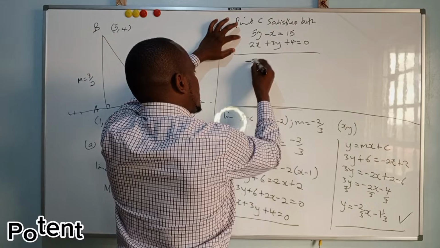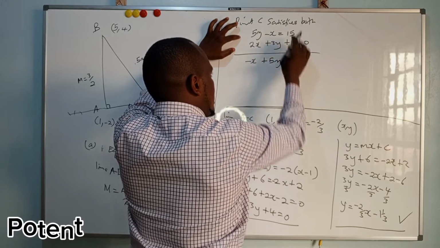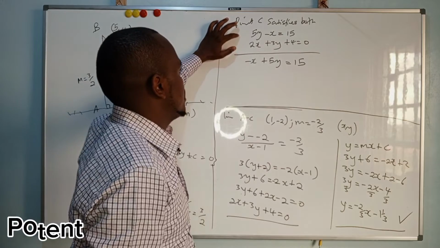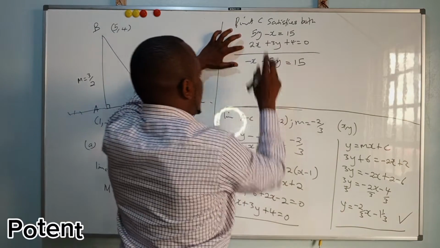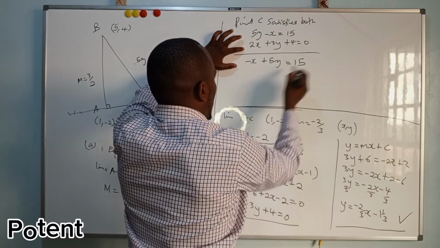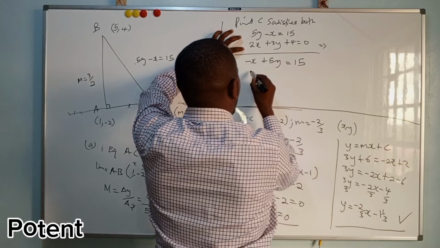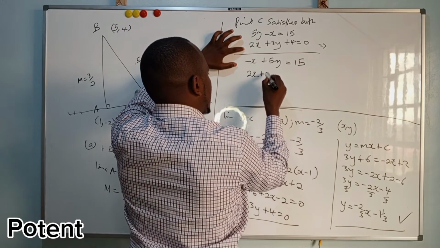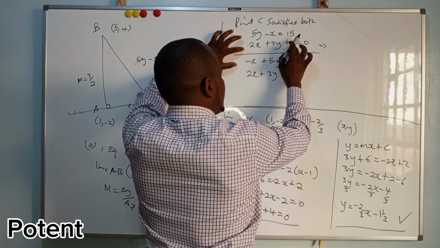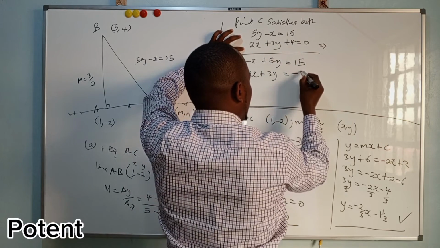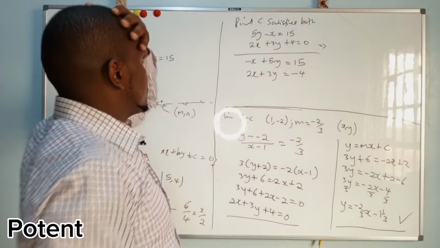So you have negative x plus 5y equals 15. Is there anything that I've done to this equation? I've just rearranged it. Then you have 2x plus 3y, and this 4, you take to this side, it becomes negative 4. Now let us solve.